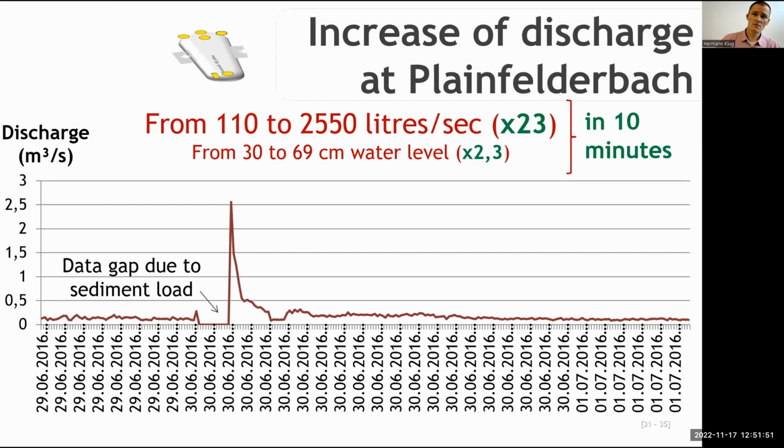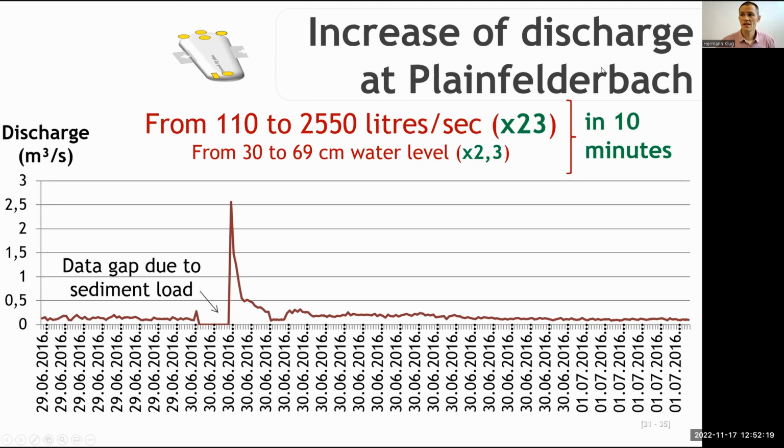We observed our discharge device, and you see here the discharge. There was nothing happening, a bit more, a bit less, but nothing serious. And then in this 10 minute rainfall event, you see that the discharge increased to 2.5 cubic meters a second. So from 110 liters per second to 2,550 liters a second in 10 minutes.